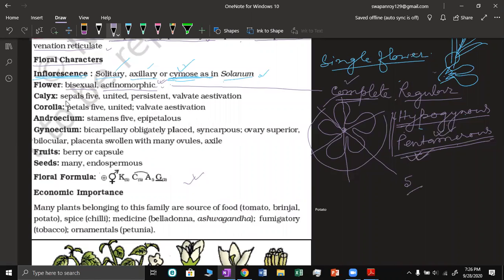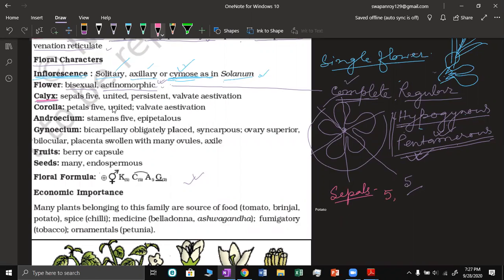Now we have to come to the next part within the flower, the calyx. The calyx is made of sepals, so we have to write how many sepals? 5 sepals.